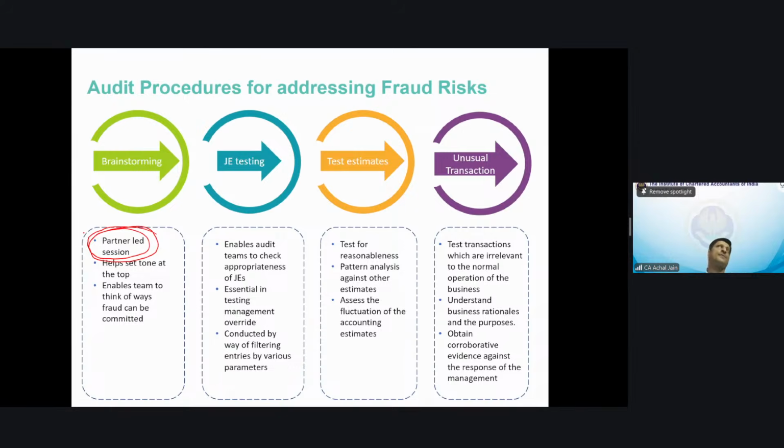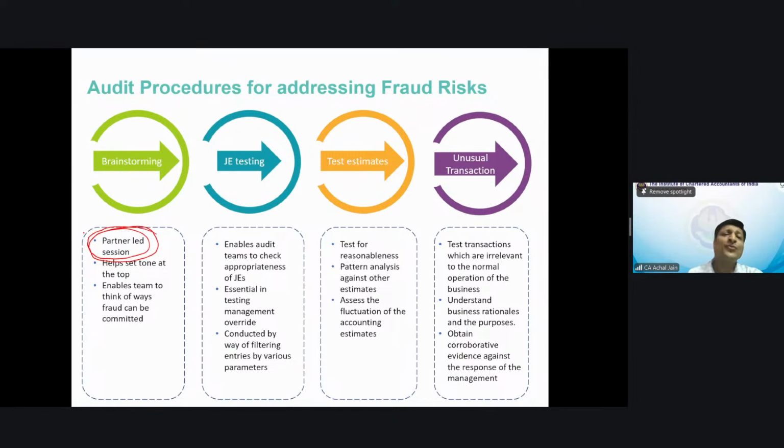Let's suppose the organization has a policy. An accounting entry is passed by employees up to manager level and approved by senior manager and above. Let's suppose that is the example. So you do not find senior manager and above involved in passing the accounting entry.